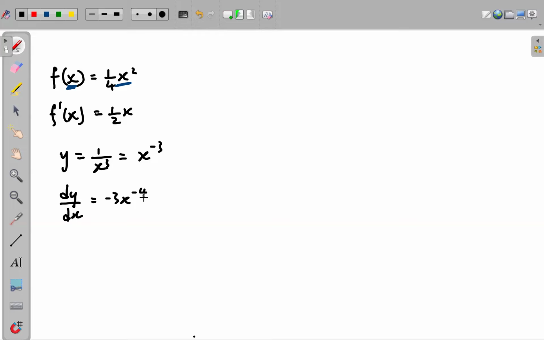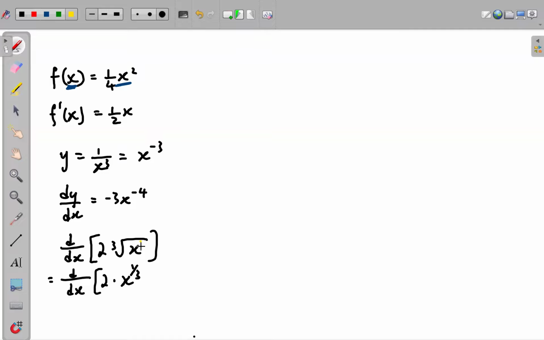We also spoke about square roots and cube roots. So if I've got in brackets to find the derivative of, let's say, 2 times the cube root of x, then it is important to note first that I need to express this differently without the root and write it as 2 times x to the 1 over 3.